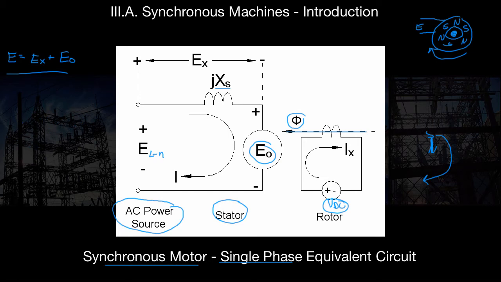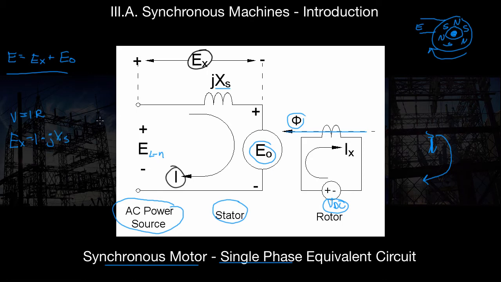Okay, now how about the current? What if we wanted to solve either for I, or for EX? Well, Ohm's law is V equals IR; rewritten for our motor notation, we have EX equals I times jXS.